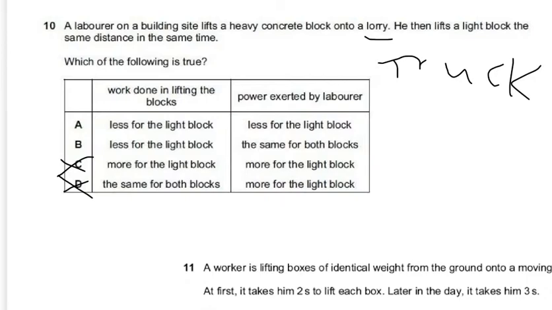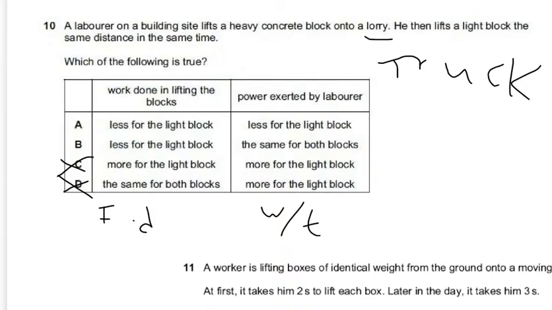Then we have the question of power. Remember, power is work divided by time. Work is force times distance. Power is work over time, right? So we've got a heavy block and a light block. We already decided that the heavy block going the same distance as the light block is going to be more work. Now it says that he does both in the same amount of time.